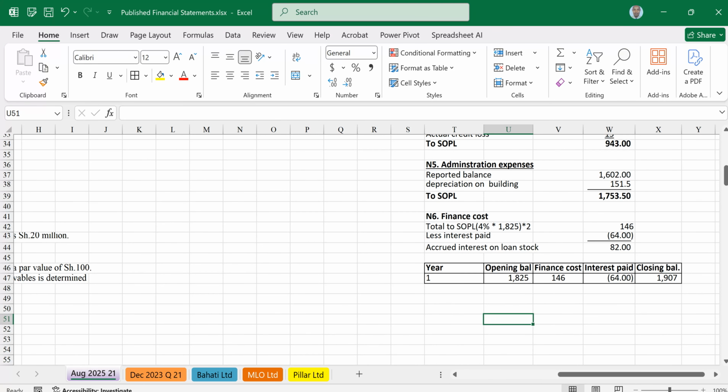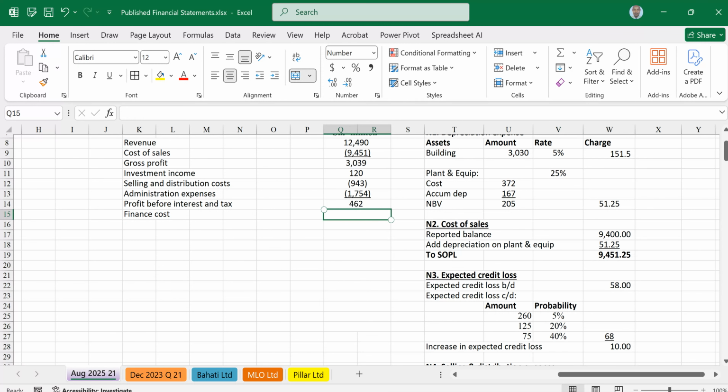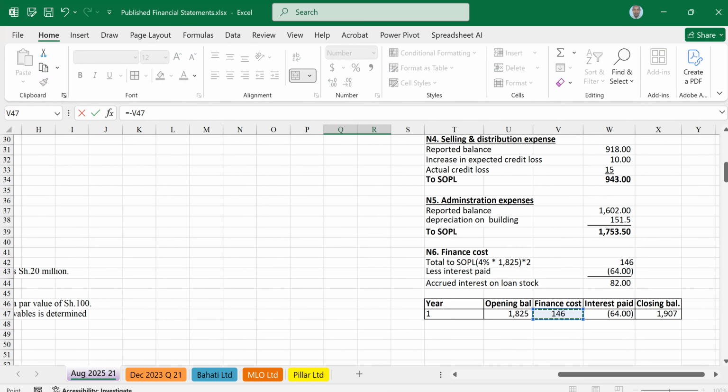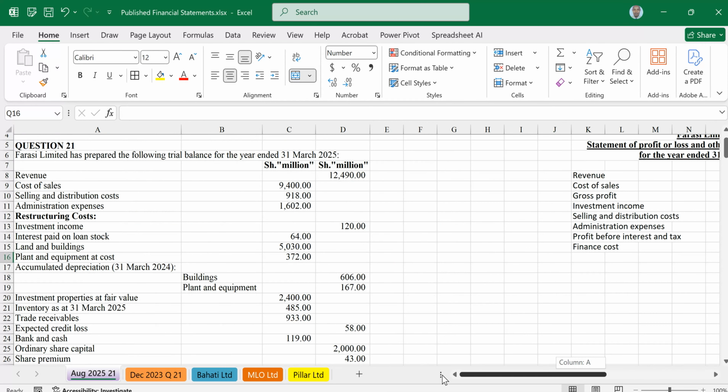The finance cost will be 146. So equal sign, negative, then you click on 146. That is our finance cost. Do we have any other item?